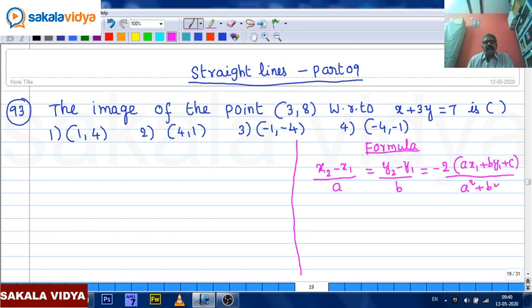Here x2 comma y2 is the image of x1 comma y1 with respect to ax plus by plus c equal to 0. So, now let us do the solution.